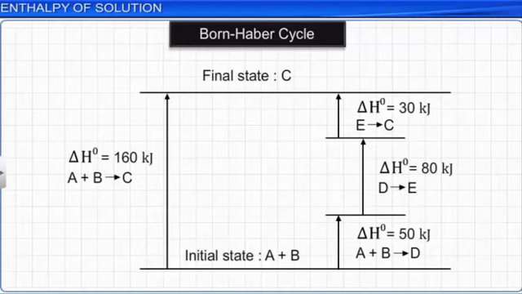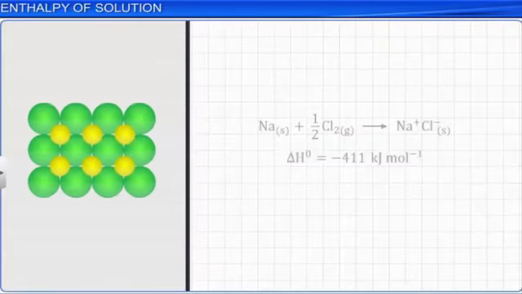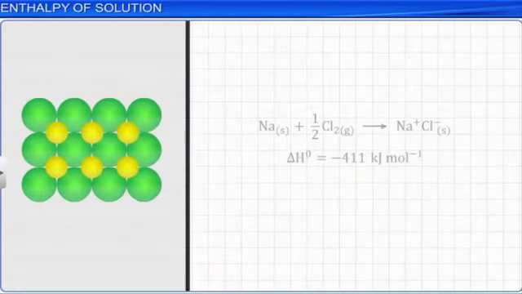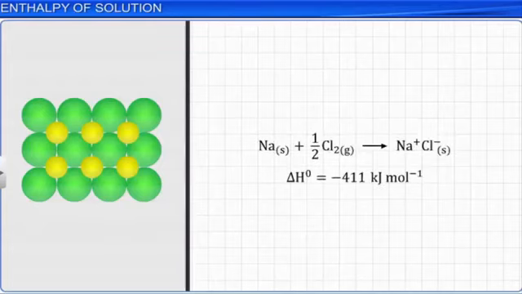We know that the enthalpy change involved in the formation of a compound is called the enthalpy of formation. In this example, the enthalpy of formation of sodium chloride from sodium in solid state and chlorine in gaseous state is minus 411 kilojoules per mole.